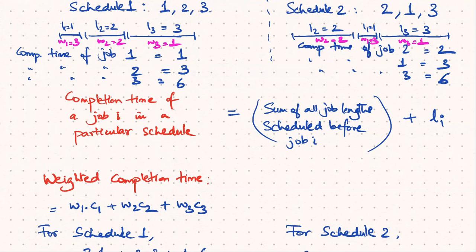Then this entire sum would increase, right? The contribution of this term would increase if W1 is high and C1 is also high, that is, if it is scheduled much later, as opposed to if it is scheduled earlier. If job one is scheduled earlier, then the term C1 would be low, and you would have a high priority multiplied by some low term here. C1 would be low, and that would lower the value of this term.